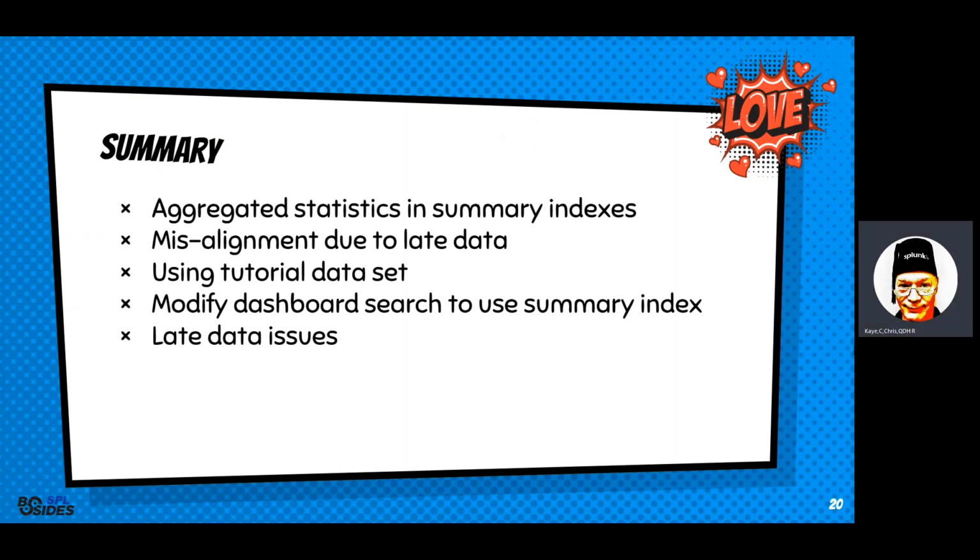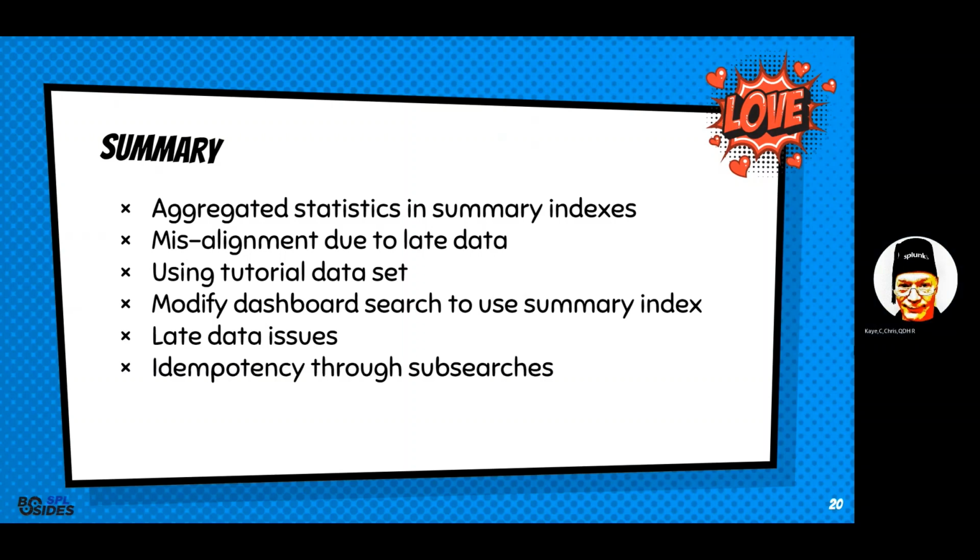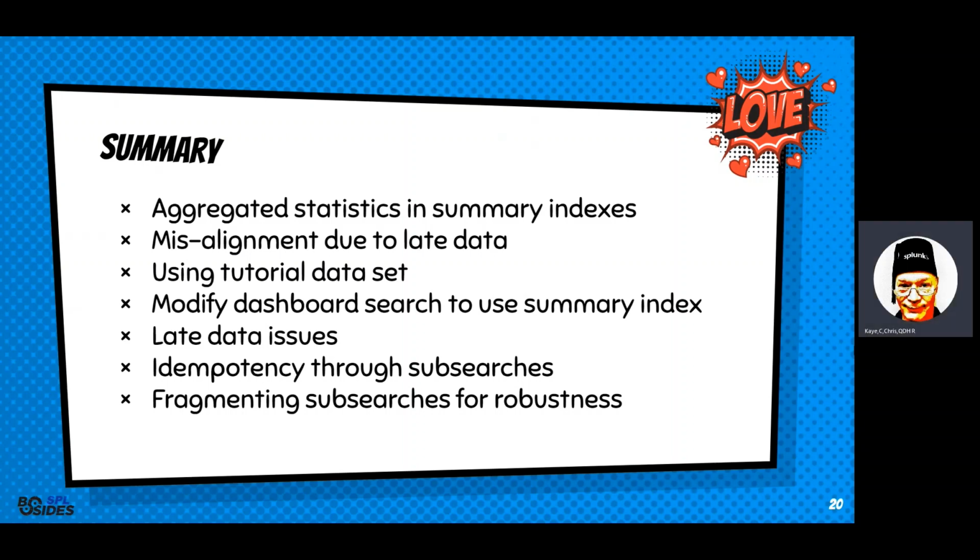We looked at some of the issues with summary indexes in dealing with late data, and how idempotency can be used to bypass some of the issues by using subsearches, and how to fragment subsearches to make a more robust process.